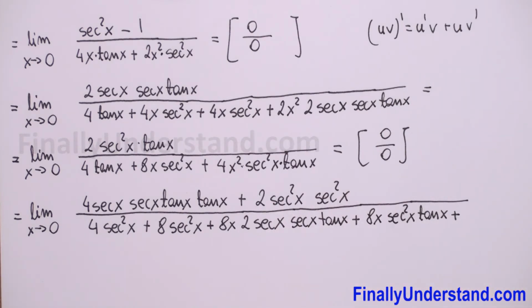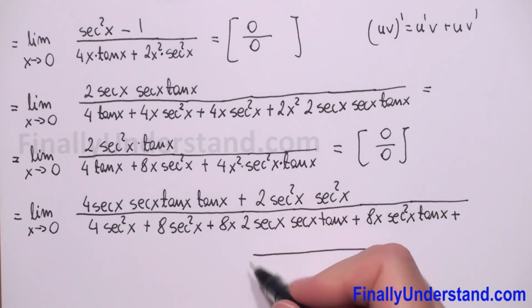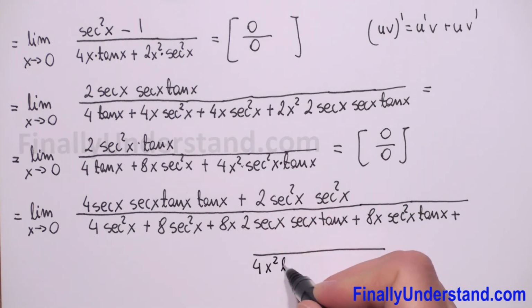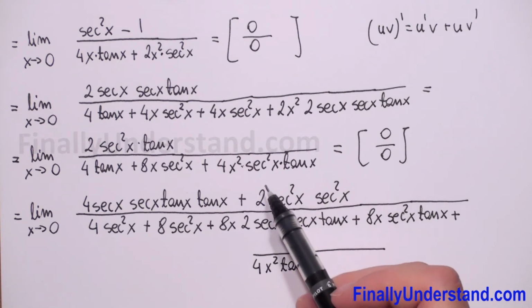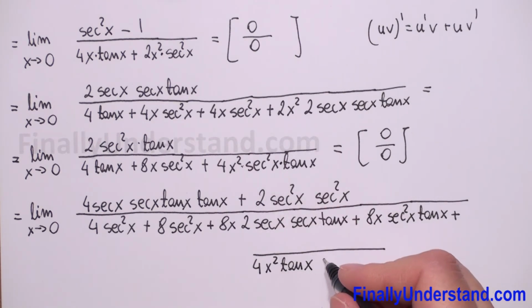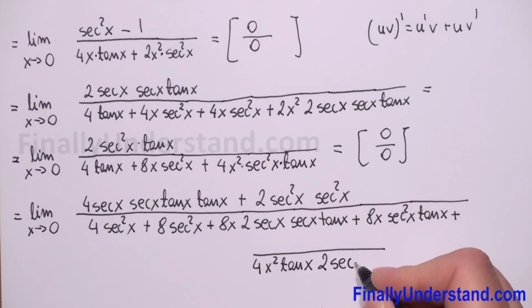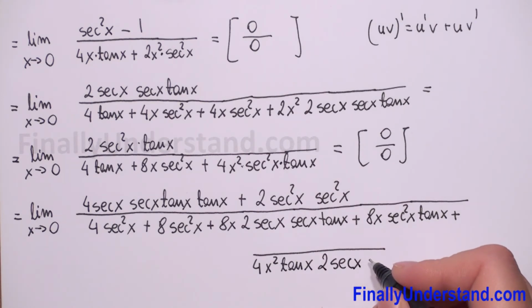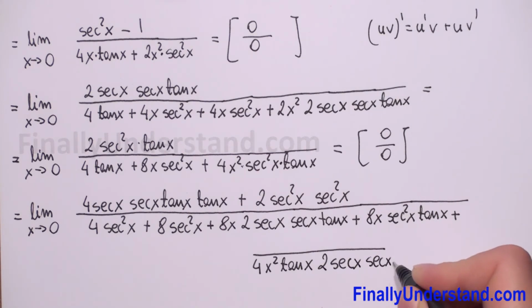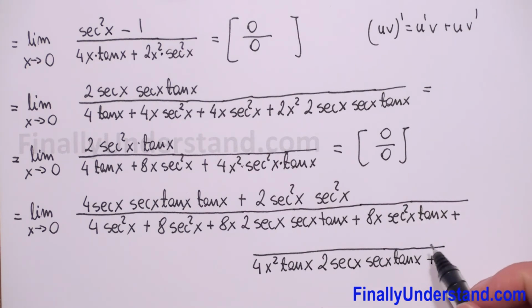So this is equal, let me put this here over, and will be, we have to copy 4x squared times tangent of x, and derivative of secant square of x is 2 secant of x times derivative of secant is secant of x times tangent of x plus, and now we have to copy 4x squared times secant square of x.